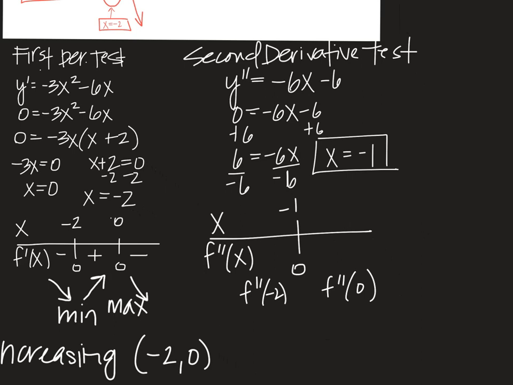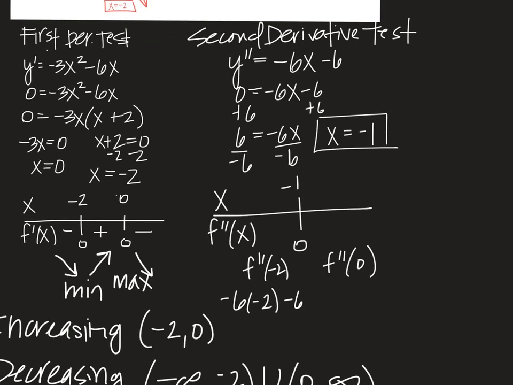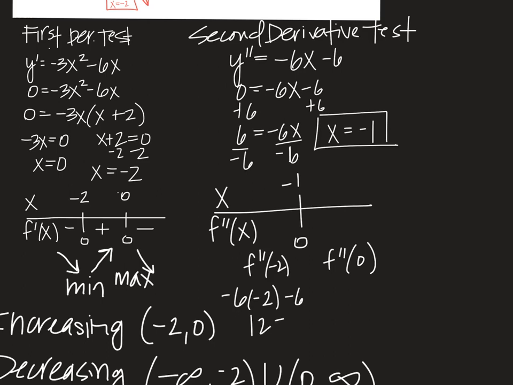So second derivative, -6 times -2 minus 6 is going to give me 12 minus 6, which will be 6, which is positive. So that means that my graph is concave up from -infinity to -1. And if I evaluate the second derivative at 0, I'd have -6 times 0 minus 6, which is -6, or a negative value.